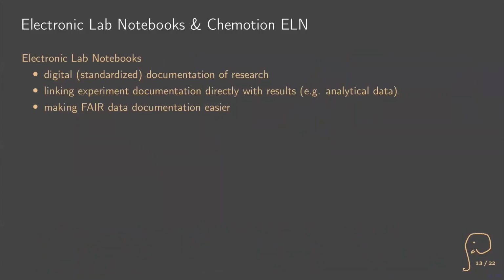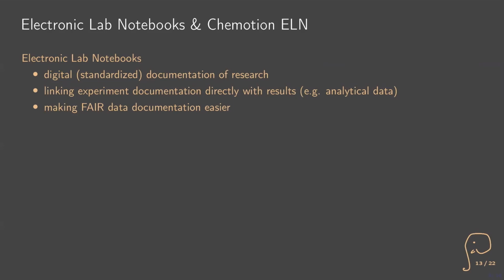Since most of you know Chemotion ELN, you know what an electronic lab notebook is, but still a very short introduction. An electronic lab notebook is a way to digitally document your research. And if it's a really good one, it's also standardized documentation, right? So you link your documentation directly with your results, analytical data, spectra, and so on and so forth.